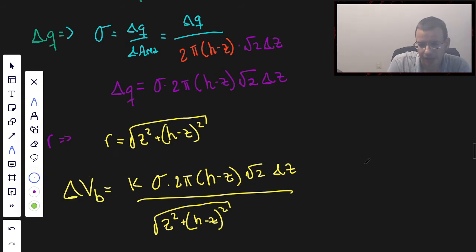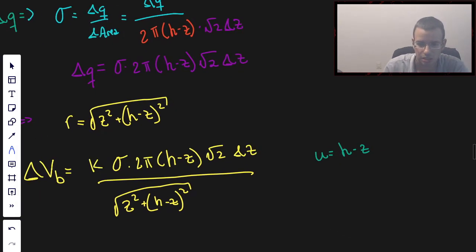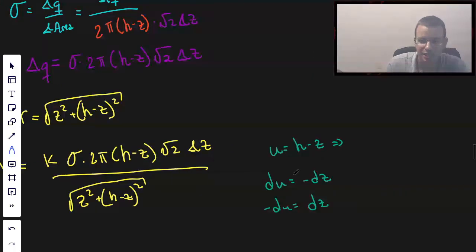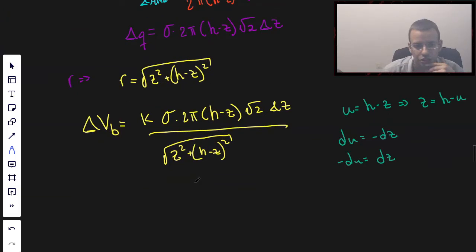So I'm going to say u equals h minus z. Therefore, du equals negative dz, which I'm going to simplify one more time as negative du equals dz. And then I'm going to go back up here. u equals h minus z implies that z equals h minus u. And I'm going to rewrite this equation in terms of u.